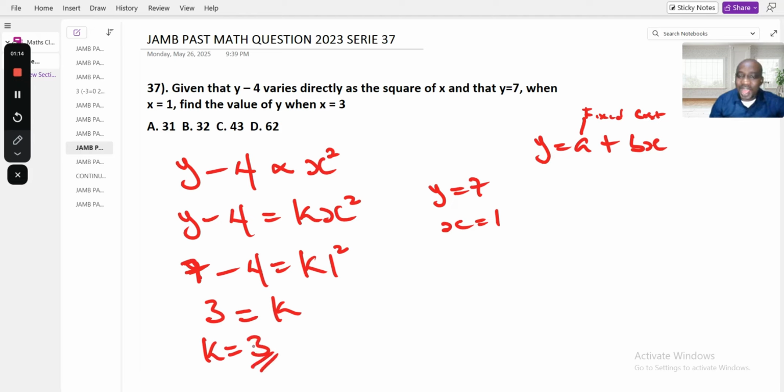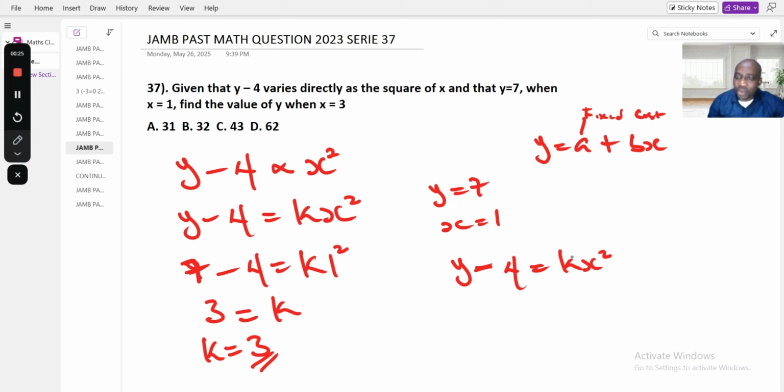The question now asks us further to find the value of y when x is 3. Therefore, let me rewrite this question. y minus 4 equals kx raised to power 2.